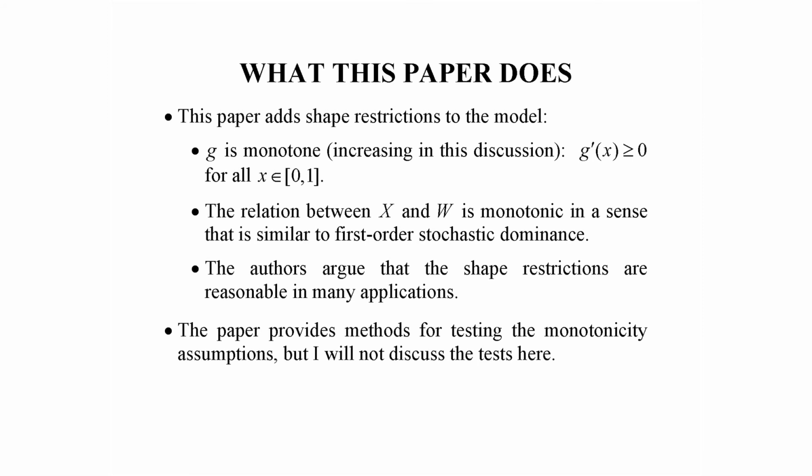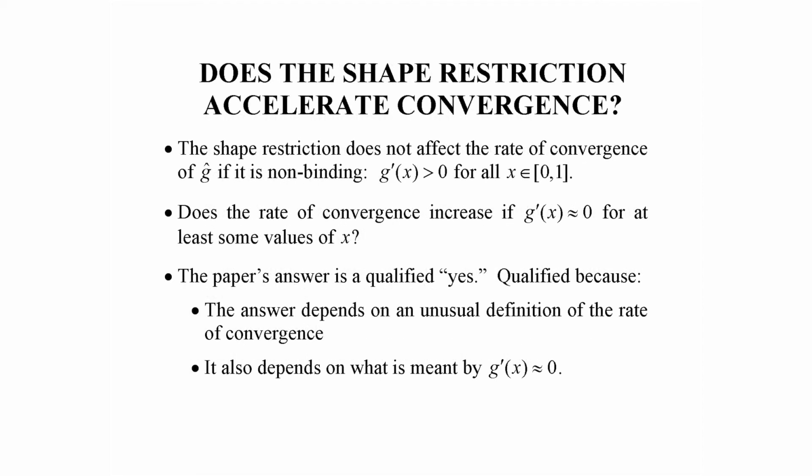Okay, now the question is, does the shape restriction accelerate convergence? So in general it doesn't, because in general the shape restriction is not binding and is far from binding.